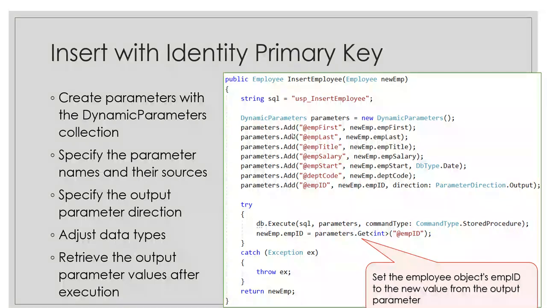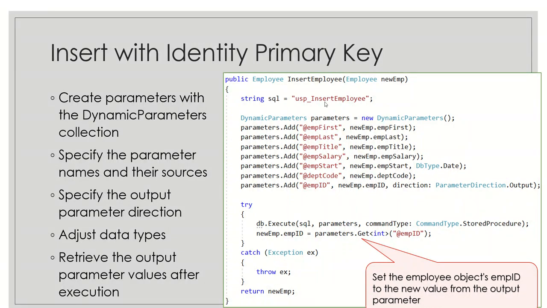And what you add is like a parameter type of object where you specify the name and then you specify the value. The value comes from the new employee object's properties. So most of the values line up, right? But we know that the employee ID is going to work in a different direction, and this is where we can also deal with differences in data types.